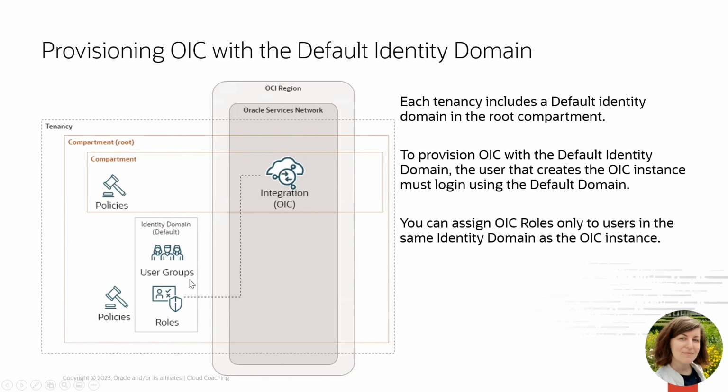You can have multiple groups in the same identity domain. With policies, you control what those groups are allowed to do in a particular compartment and with different types of resources in Oracle Cloud.